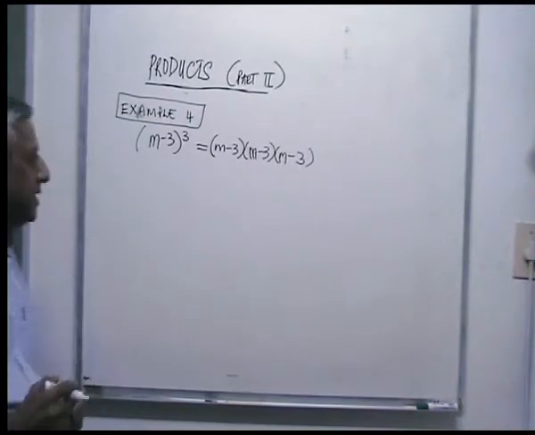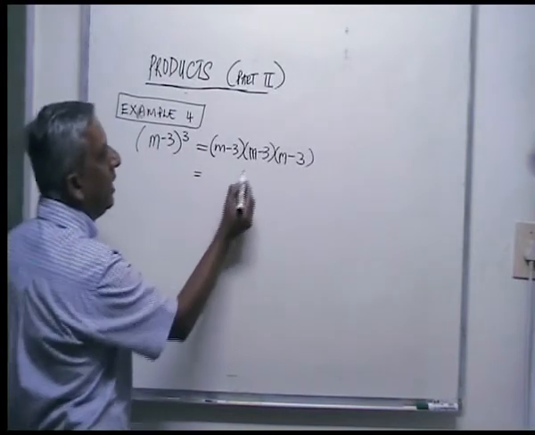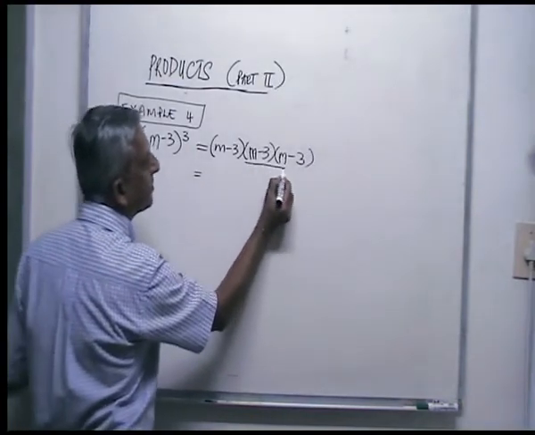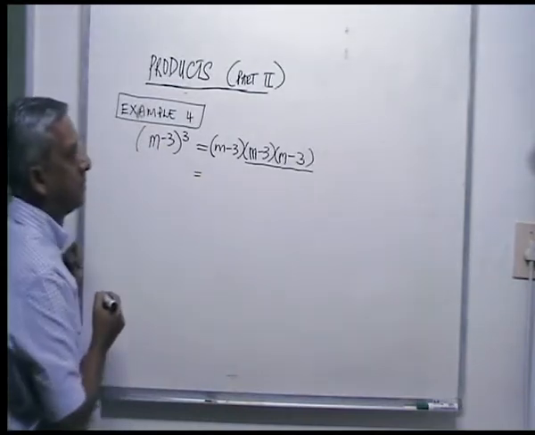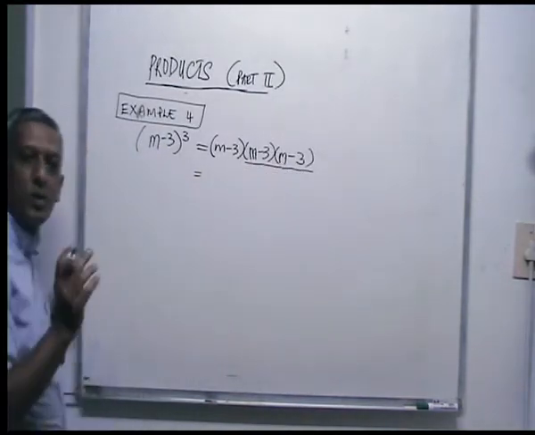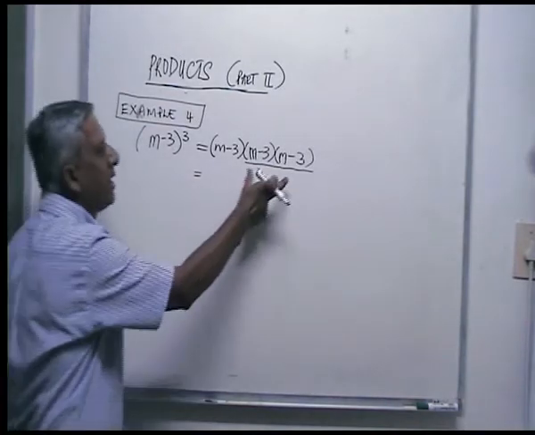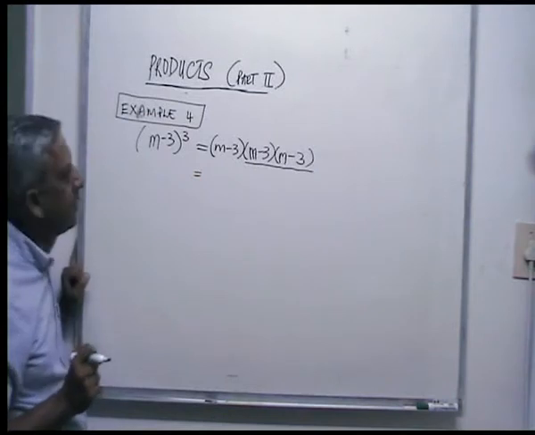Write the bracket down 3 times. Now, what you must do is do this part here first. Right? Do that part first. Because we know how to do that part. We know how to do 2 at a time. In other words, we know how to multiply 2 brackets at a time.